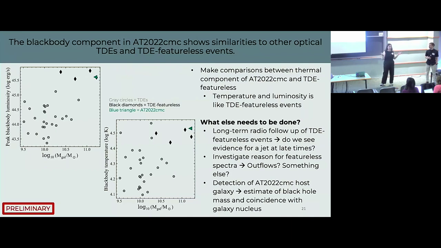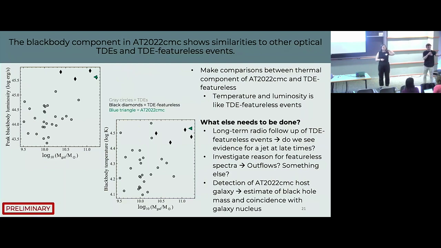It's not coming from a jet or anything like that. But one thing we might want to look at is why these things actually have featureless spectra. So maybe the reasons that they're similar aren't related to the jet. It's related to something more like some sort of other outflow or whatever is causing these objects to have featureless spectra. Could be the reason why it's the same in 22 CMC, but these are not necessarily jetted TDEs.